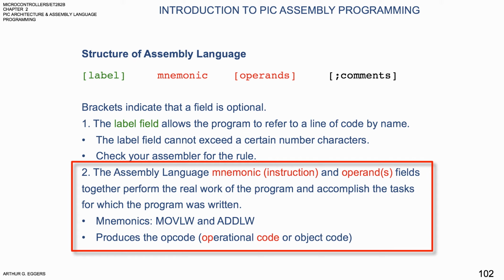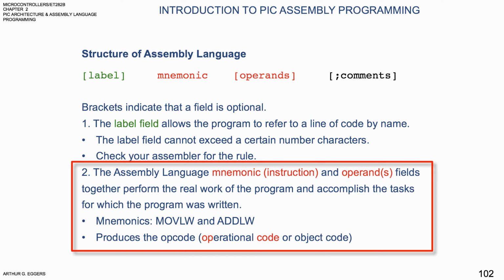Instead of a mnemonic and an operand, these two fields could contain assembler pseudo instructions, or what we've seen as the directives. Remember that directives do not generate any machine code or opcode. They're only used by the assembler as opposed to instructions that are translated into machine code.